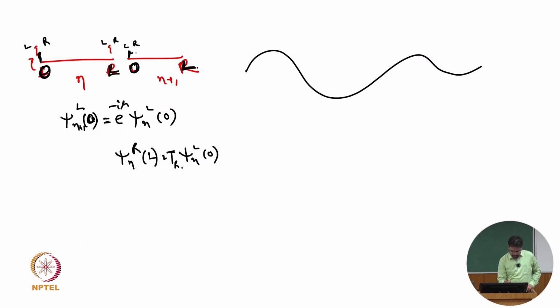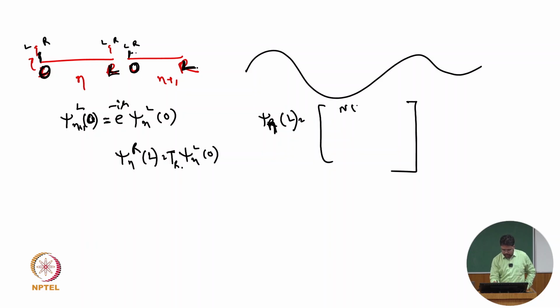The transfer matrix. How does the transfer matrix come into the picture? Transfer matrix, we can think that phi n L, we can calculate the phi n L because we have N x, N dash x, N double dash x, N triple dash x. Okay.